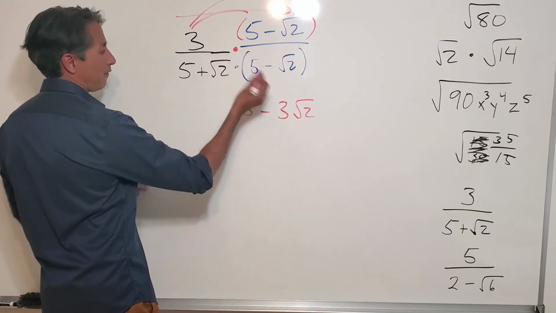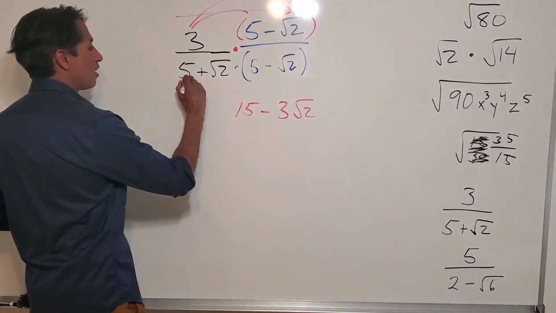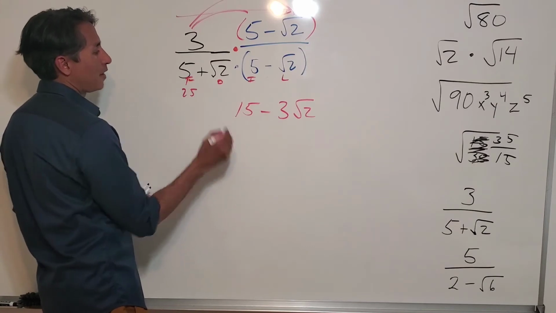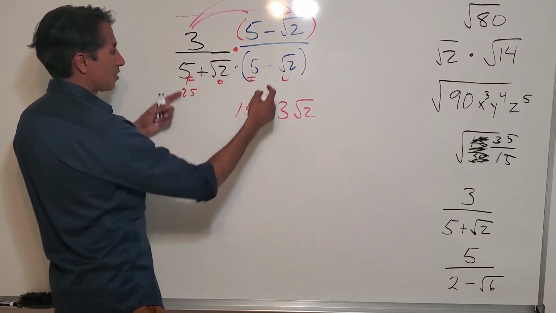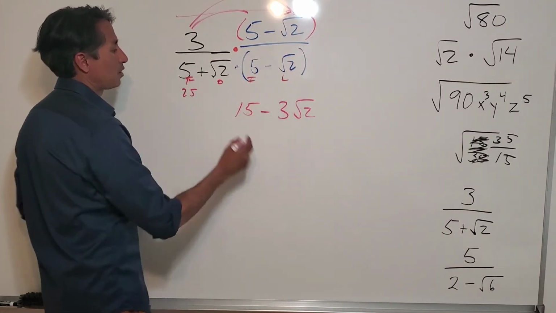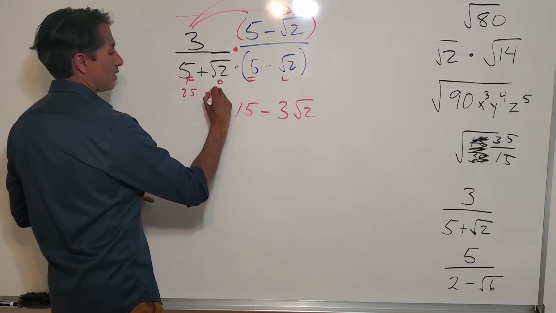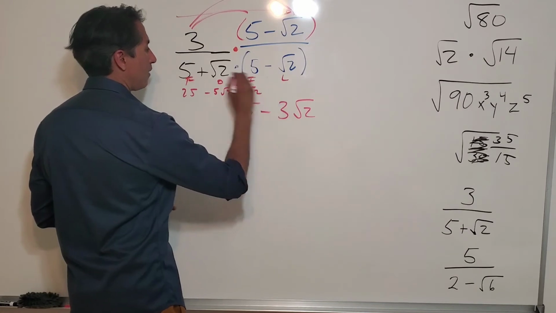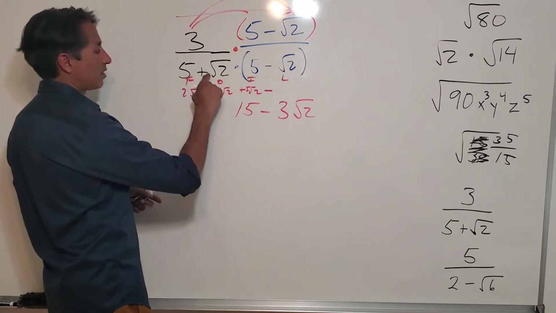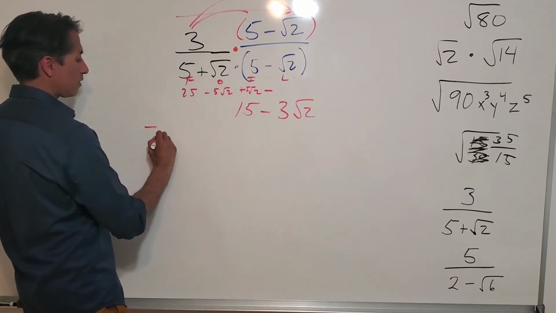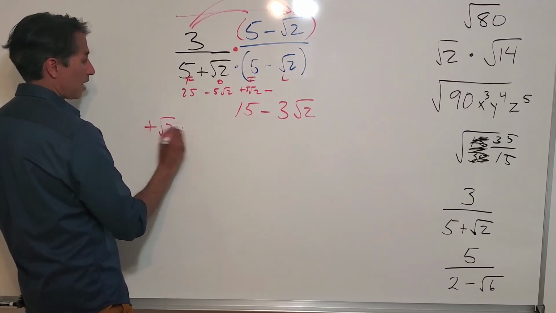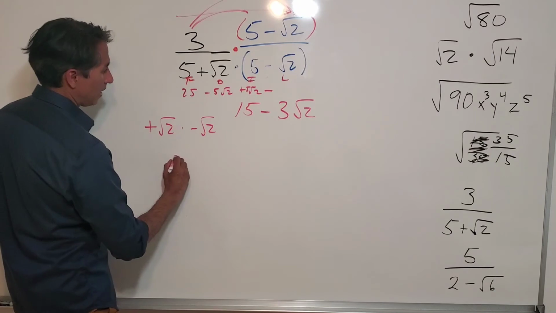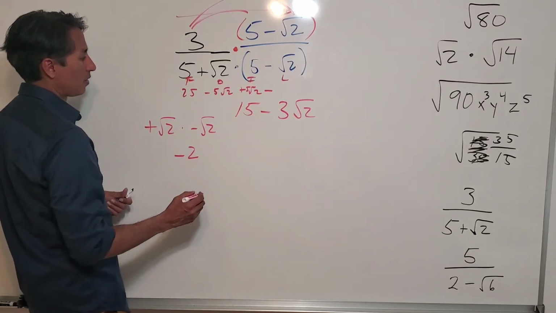So if you want, you can write it all out. That's fine too. We have FOIL. First is going to be 25. Inside and outside are going to cancel because it's 5 root 2 minus 5 root 2. So outside would be minus 5 root 2 plus 5 root 2, and then last, because it's negative square root 2 times positive square root 2, gives you a negative 2.